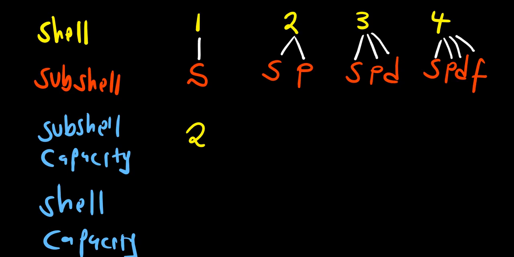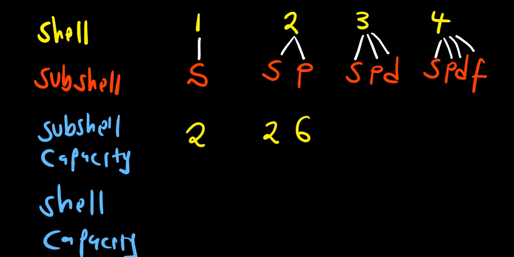Then the maximum capacity the second shell can have is 2 first in S, then 6 in P. P has PX, PY, and PZ, and each has a capacity of holding 2 electrons. So overall, the P subshell will hold 6 electrons. Okay, so that's the second shell.